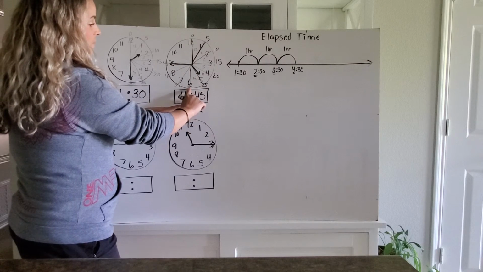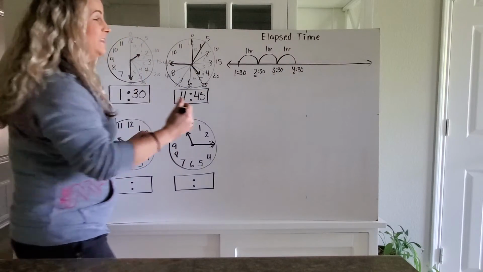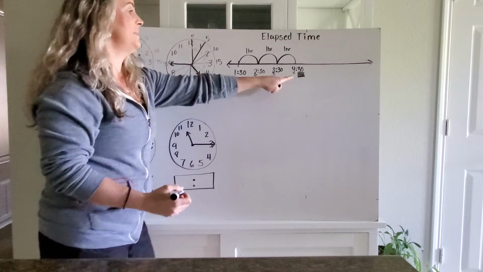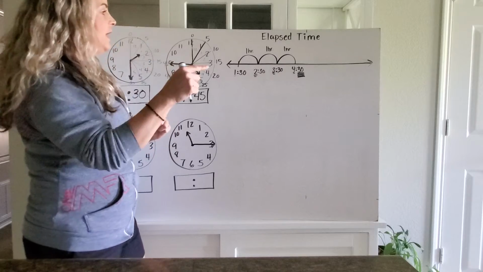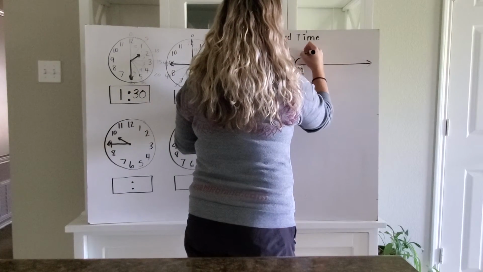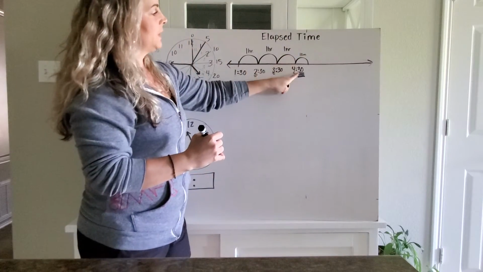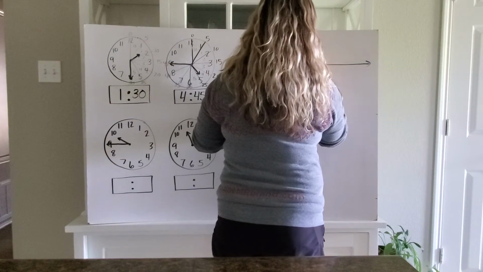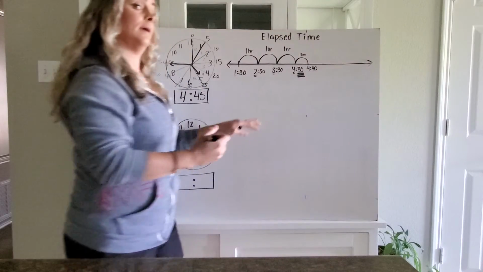So I'm at 4:30 right now, and I just need to increase my minutes. Now I'm going to focus right here on my minutes. I have to get from 30 to 45. So I might just add on 10 minutes. If I add on 10 more minutes, that's going to put me at 4:40.